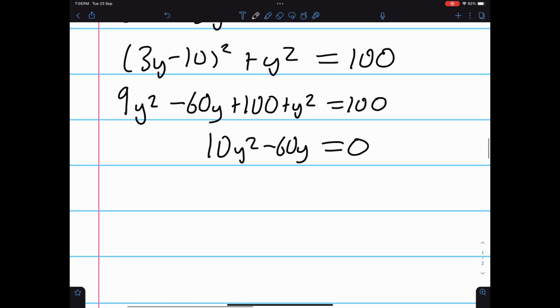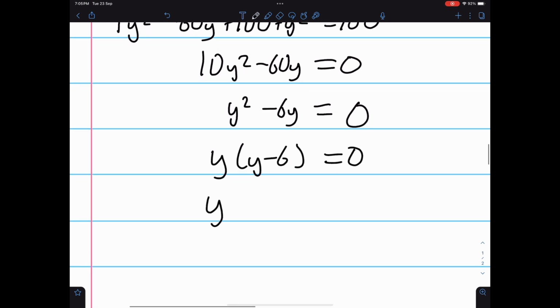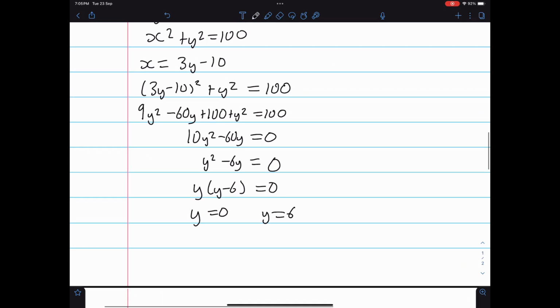And those hundreds will eliminate. So now we see that y is equal to 0 or y is equal to 6. And then we need to figure out our x's.